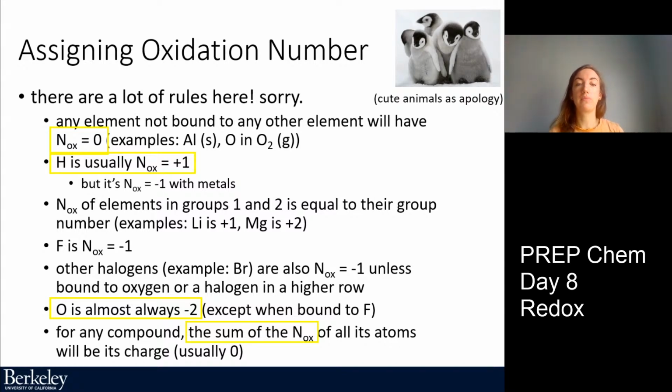So any element, including sodium, lithium, whatever, when it's uncharged and not bound to any other type of element, will have an oxidation number of 0. So oxygen, hydrogen, everything. And then when oxygen is bound to anything else except fluorine, it will have an oxidation number of -2.